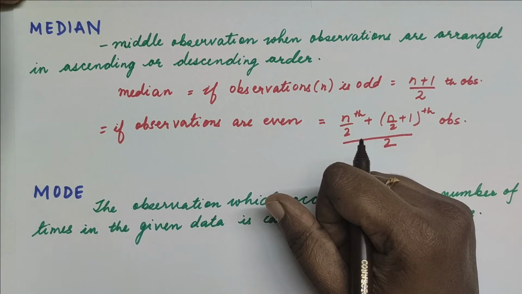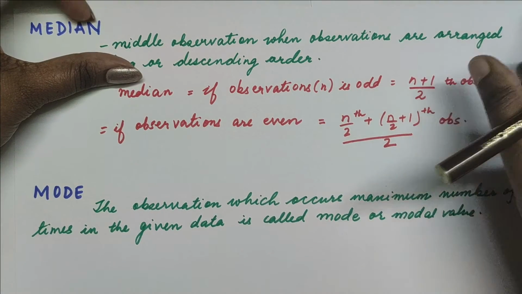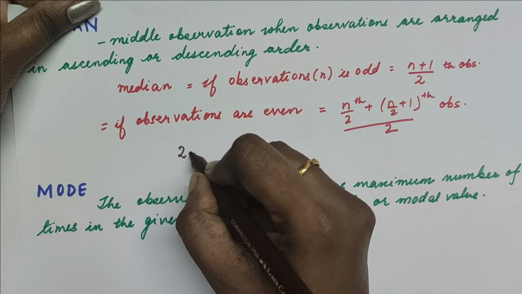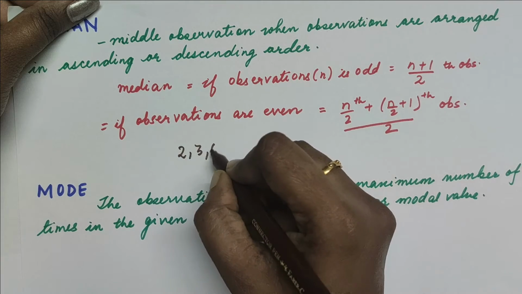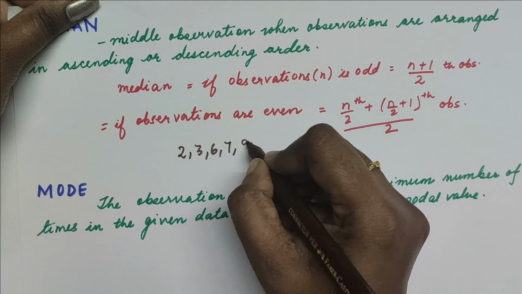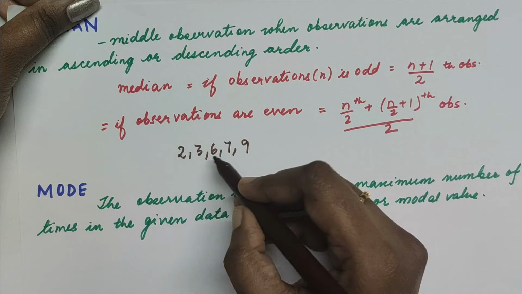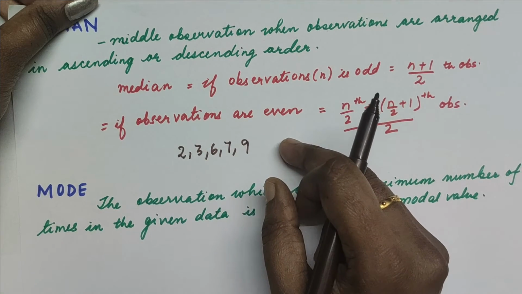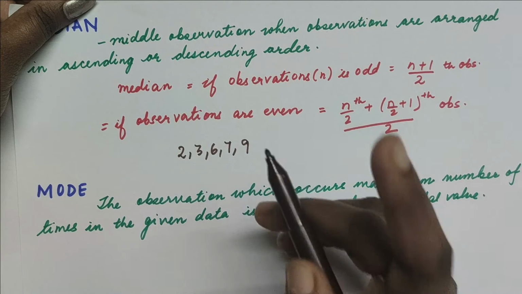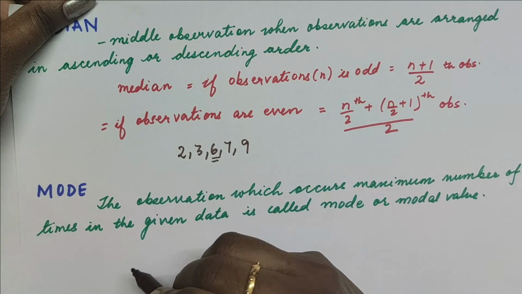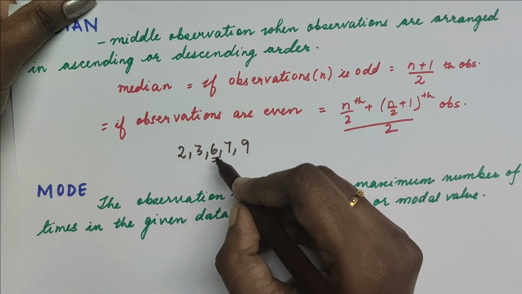For a quick small example which I would like to give, suppose my observations are in order. I am writing, these are my 5 observations. So number of observations is odd, so I know that 5 plus 1, that is 6 by 2, 3. So the third observation is my answer. So here the median is going to be 6.